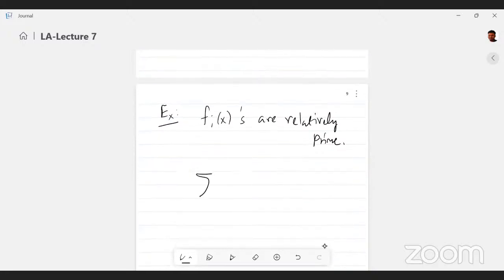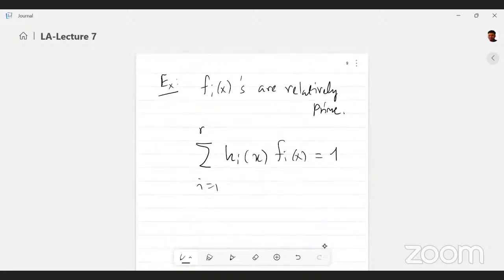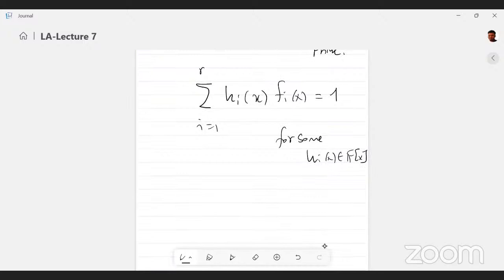In particular, I can write, for some hi of x, the summation of hi of x times fi of x equal to 1. So now again, go back to the trick. If I apply the evaluation again, this will give me the sum of hi of T fi of T applied to v equal to v, i ranging from 1.